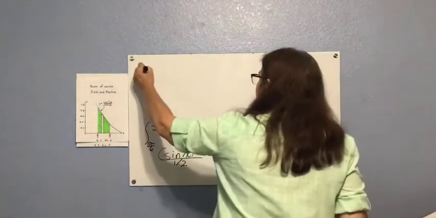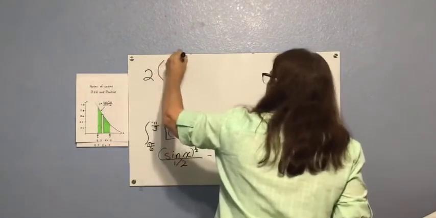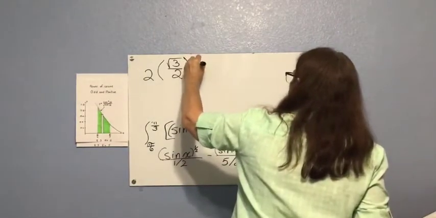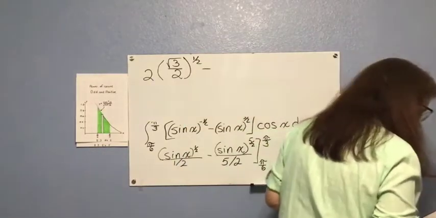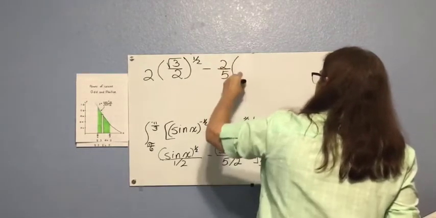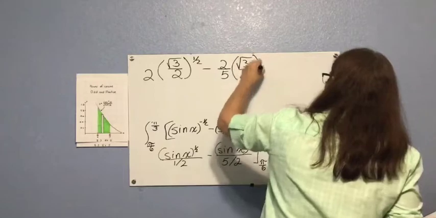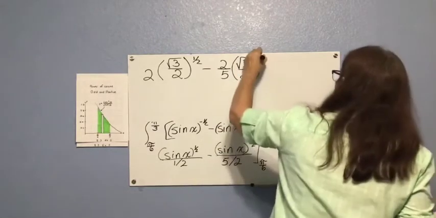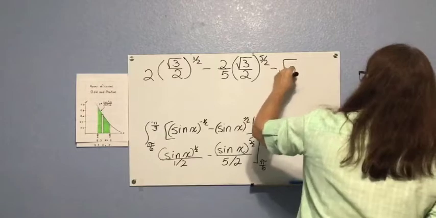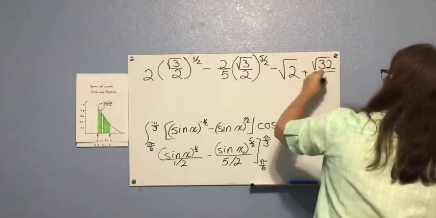When we bring this up, that ends up being 2 times the square root of 3 over 2 raised to the 1/2 power, minus 2/5 square root of 3 over 2 to the 5/2 power, minus the square root of 2 plus square root of 32 over 80.